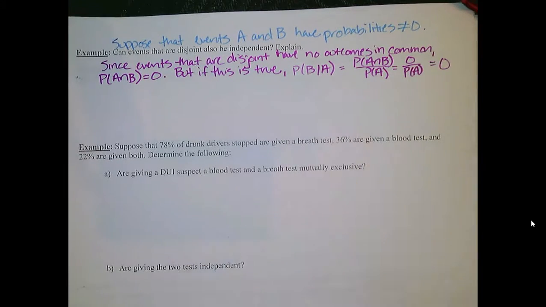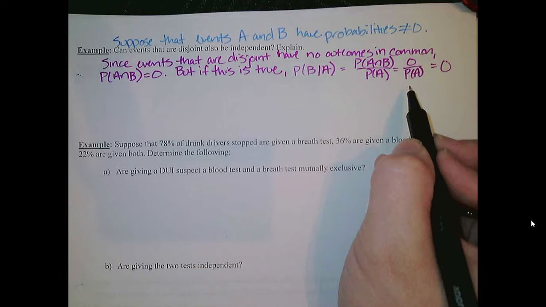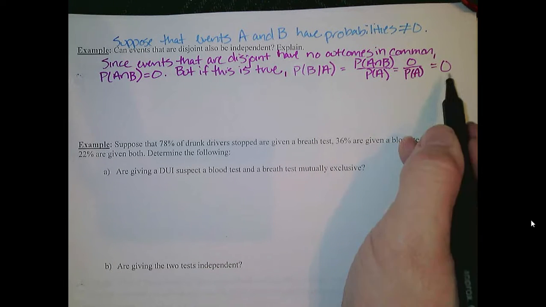The outcome has to be in one or the other. If it is in A and A has happened, then it can't be in B. The probability therefore is 0.